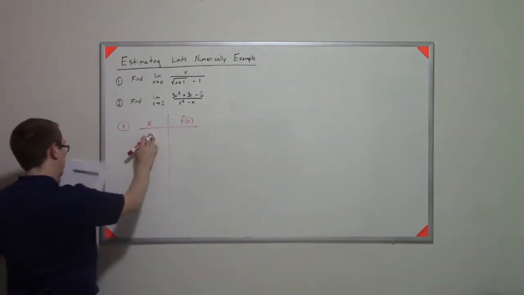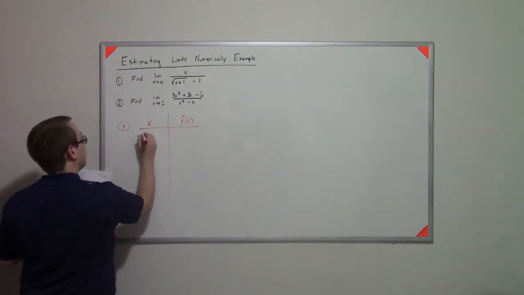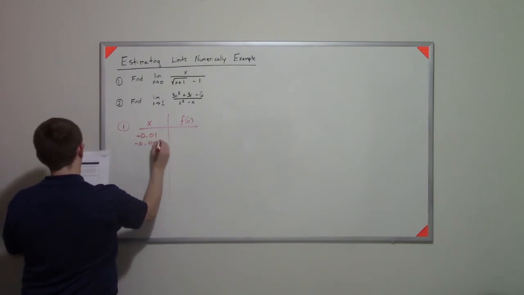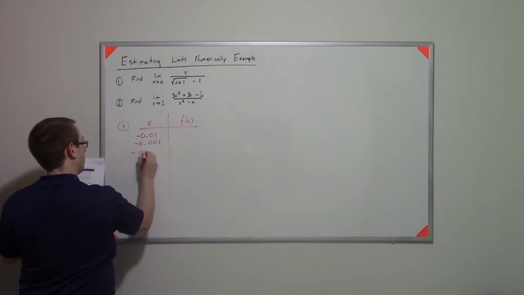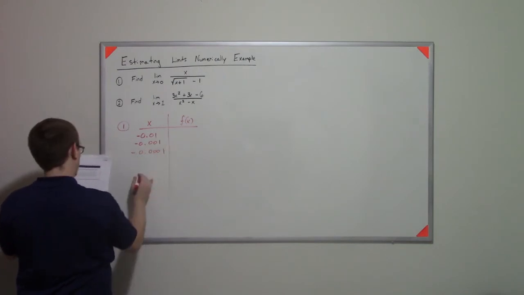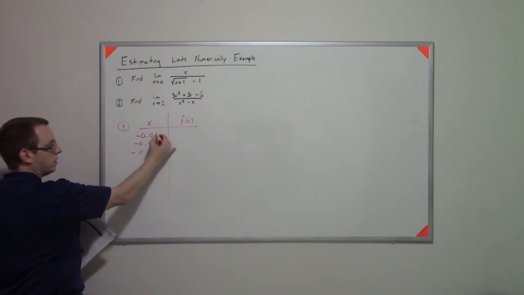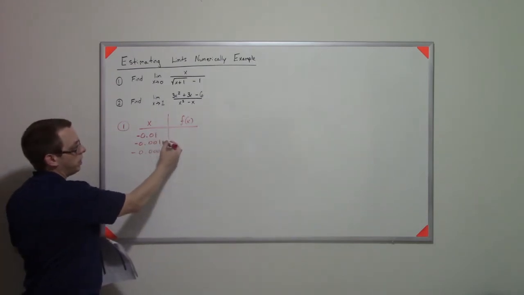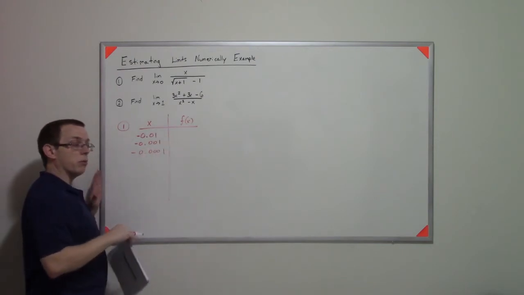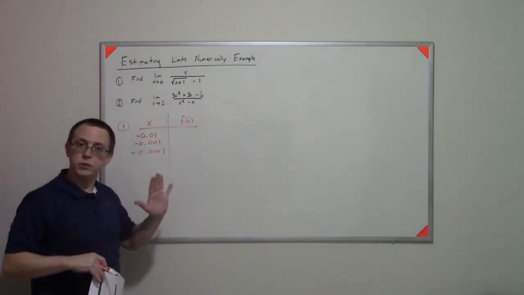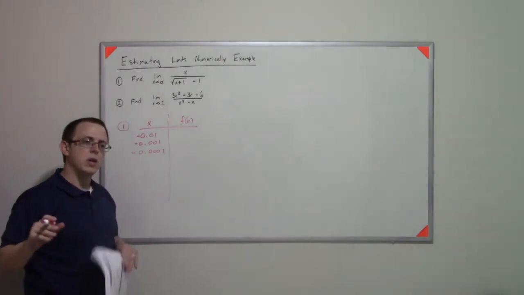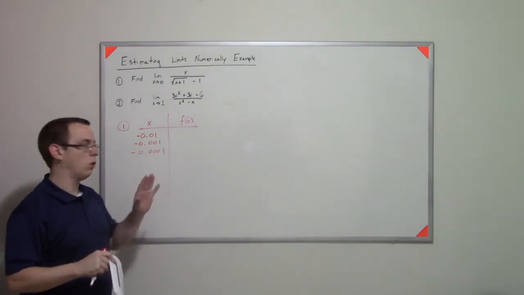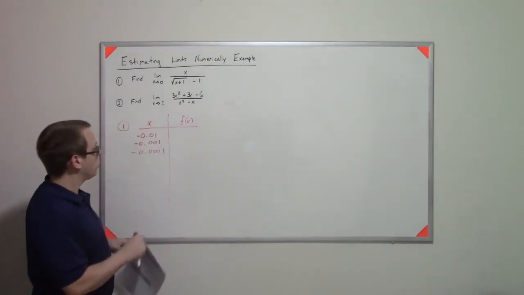So as we come from the left, we have these increasingly small magnitude values, technically larger values, they're getting closer and closer to 0 here.